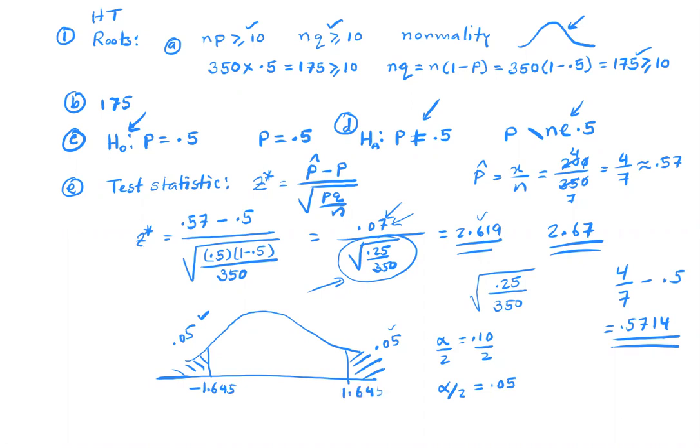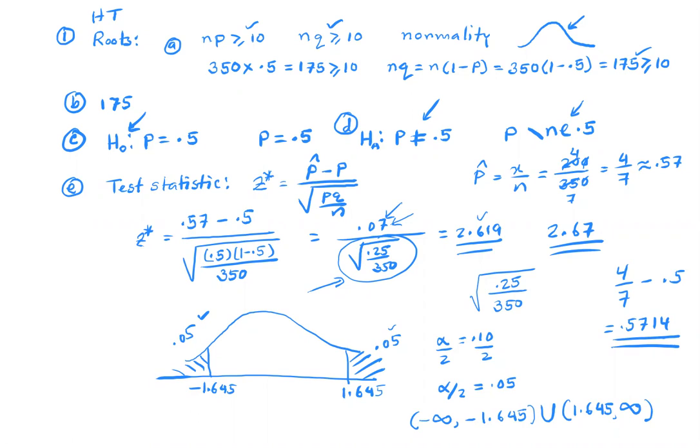So your critical region is going to be negative infinity to negative 1.645, union 1.645 to positive infinity. Now, how do you put these numbers?